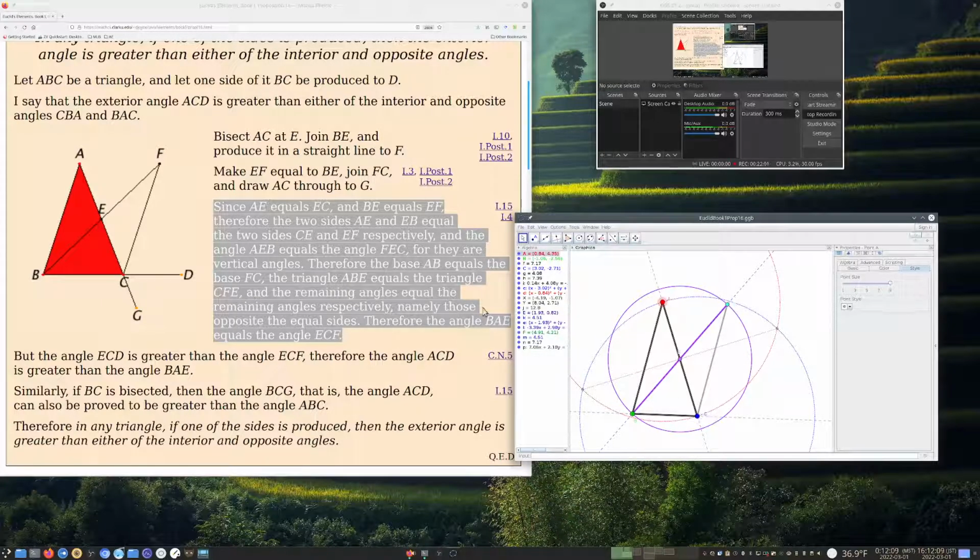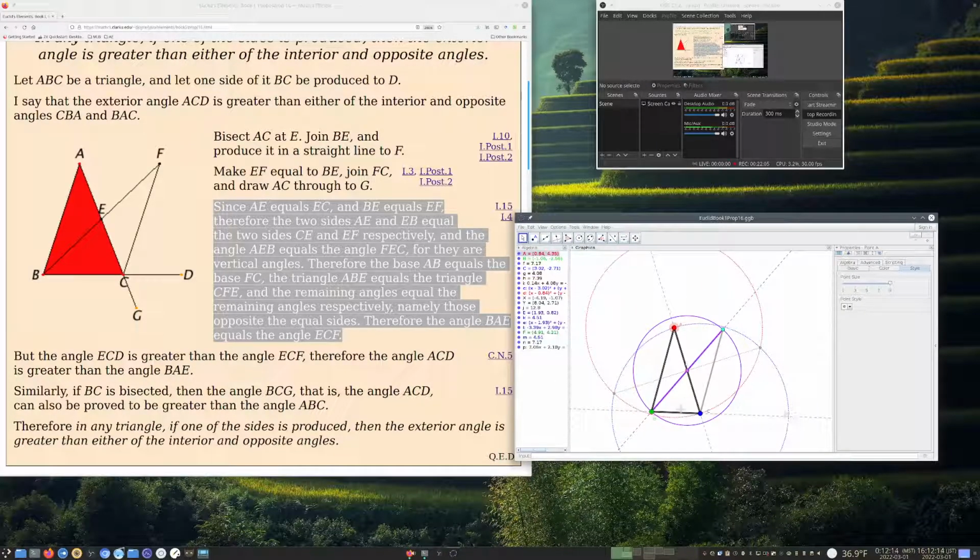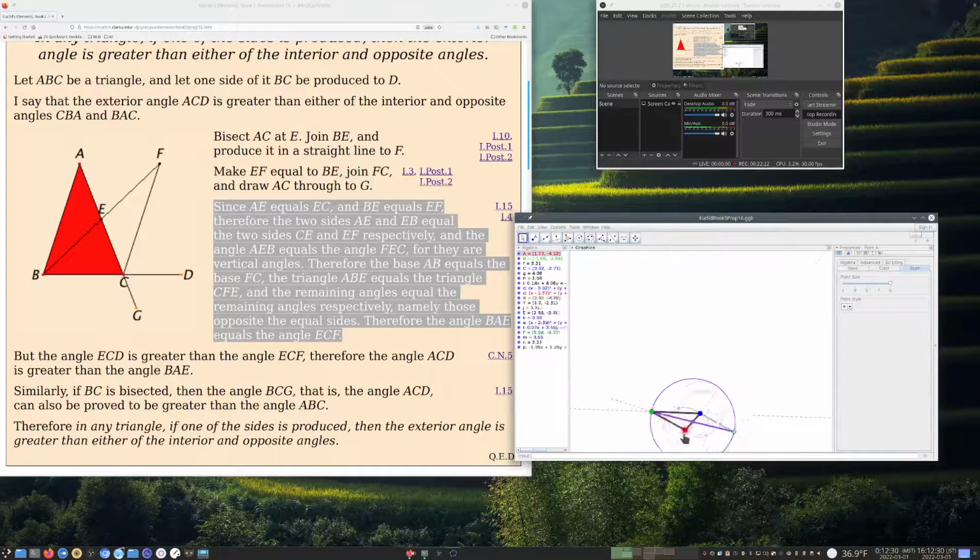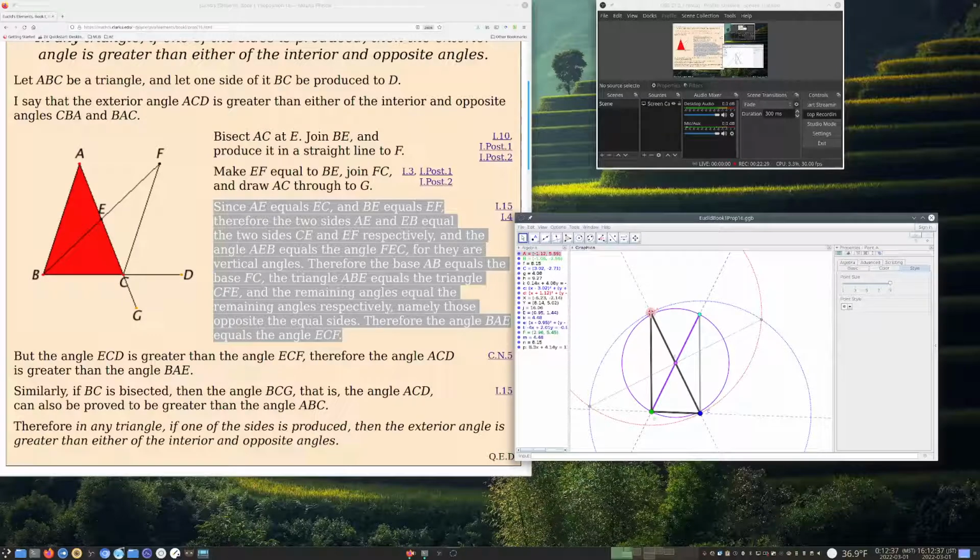Okay. Yes. But the angle ECD, okay, so this angle way over here, is greater than the angle ECF. Therefore, the angle AC, can we get F like on the other side, or is the way that we've constructed it so that F is always, because I feel like we could do an equal construction where we mirror F down here.